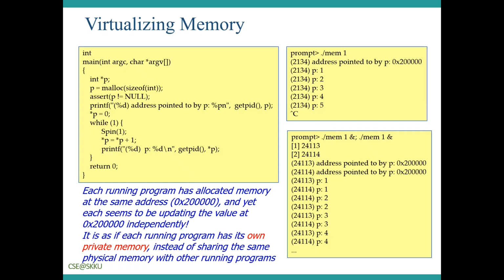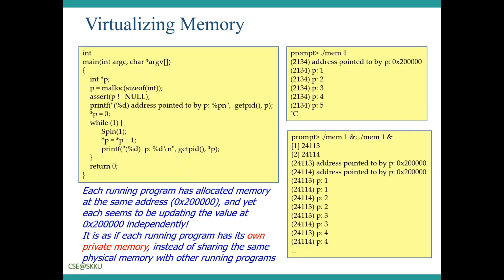Finally, it loops, delaying for a second and incrementing the value stored at the address held in the variable p. With every print statement, it also prints out the process ID, called the PID, of the running program. This PID is unique for each running process.